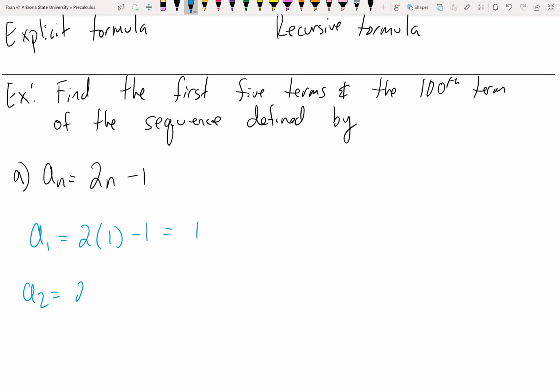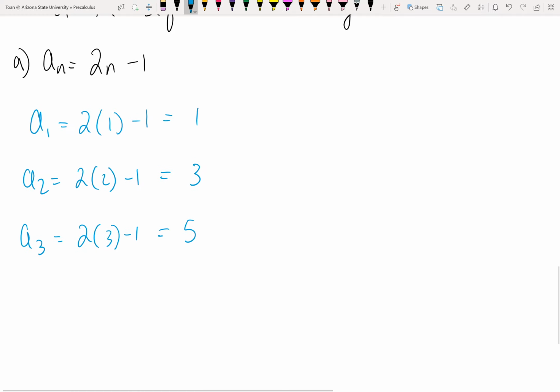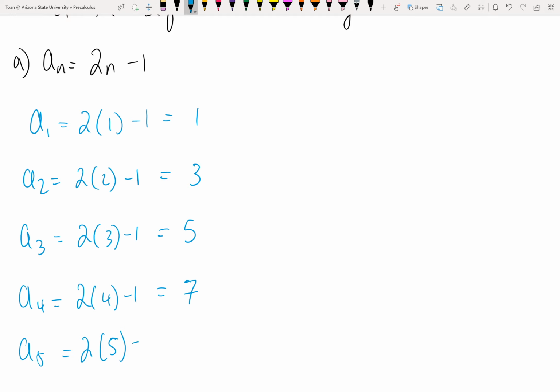The second term, just plug a 2 in for the n. The third term, just plug a 3 in for the n. The fourth term, plug a 4 in for the n. And the fifth term, plug a 5 in for the n. So that's the power of explicit formulas. It's very easy.